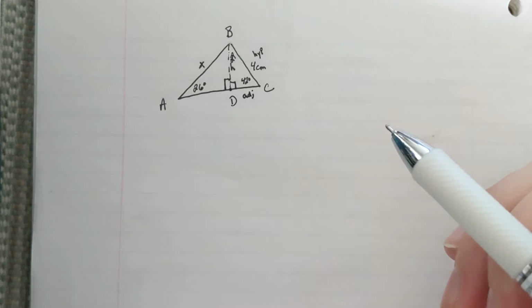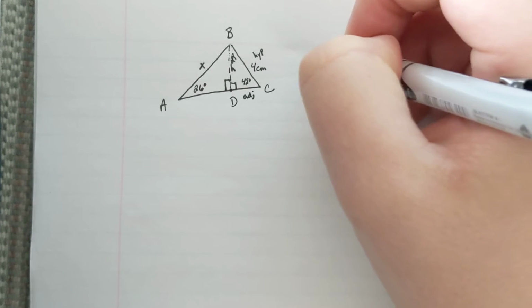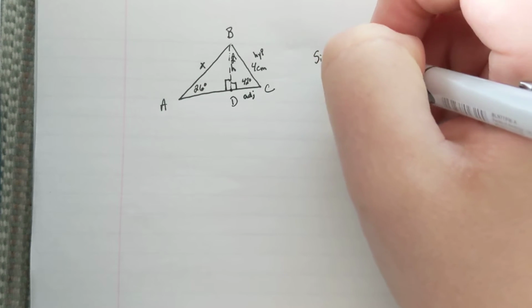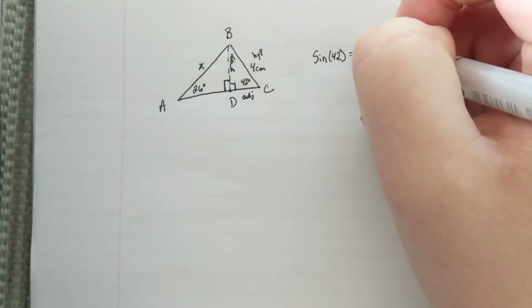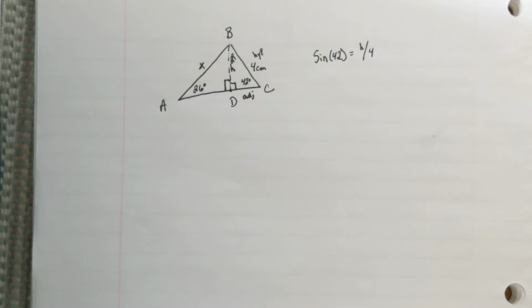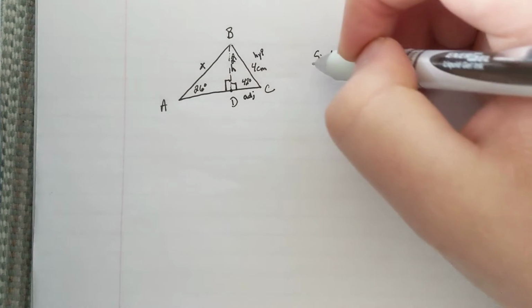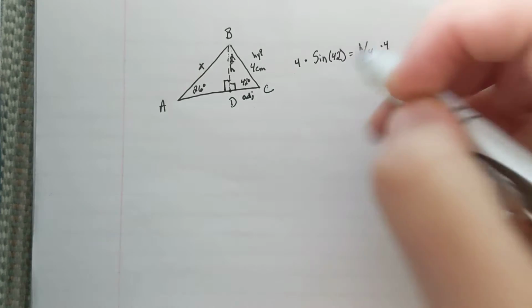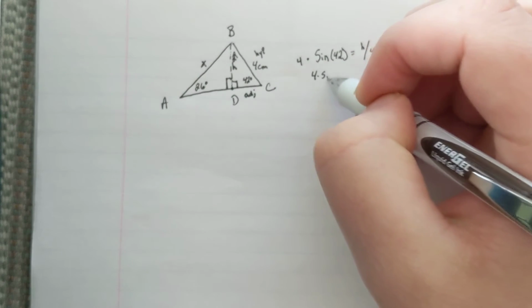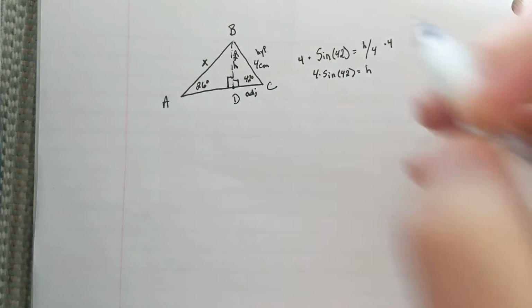I'm given the hypotenuse, so I must be using sine. So the sine of 42 equals h over 4. If I want to solve that for h, I can multiply by 4. 4 times the sine of 42 equals h.